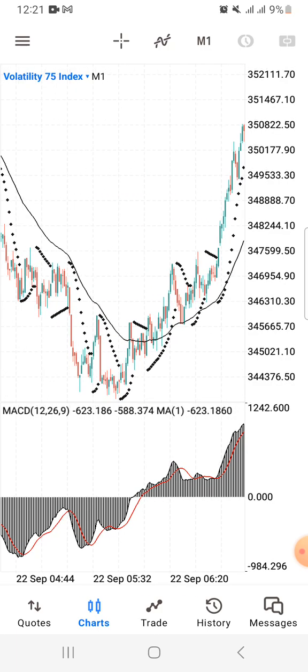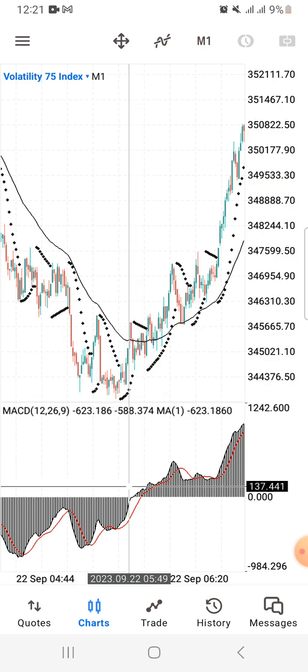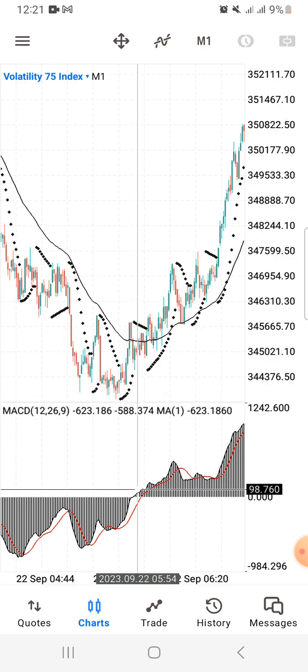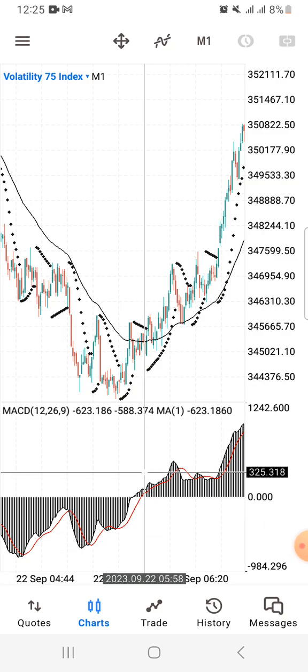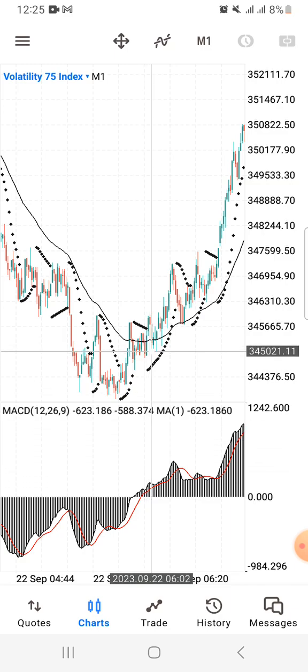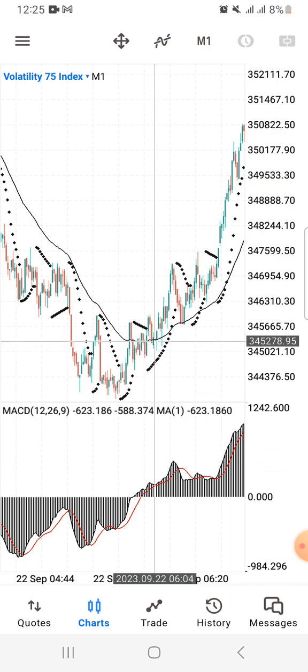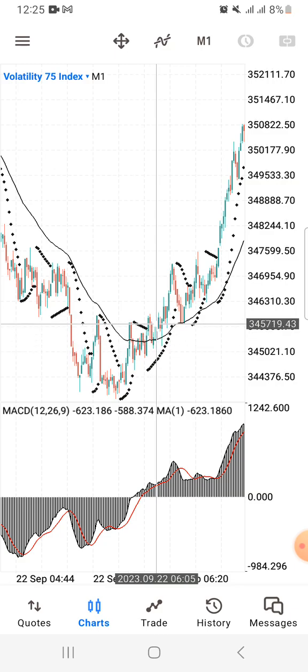And whenever MACD is above the zero line, you do not buy. So as I was saying, whenever the MACD crosses above the zero line and you see the price action is below the 50 EMA, you don't take your buy.